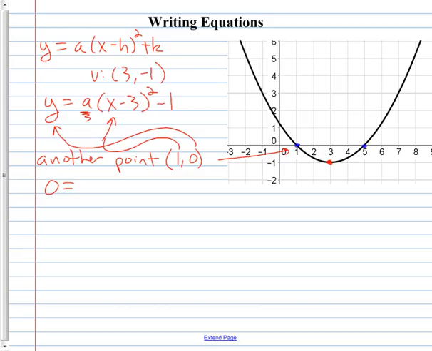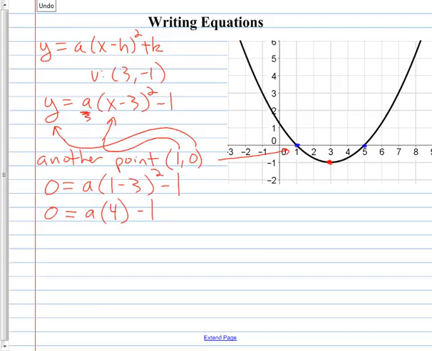So 0 equals a times (1 minus 3) squared minus 1. Then we'll simplify. So 0 equals a times, that's (-2) squared, which is 4, minus 1. You cannot combine the 4 and the 1 because the 4 is being multiplied by the a.